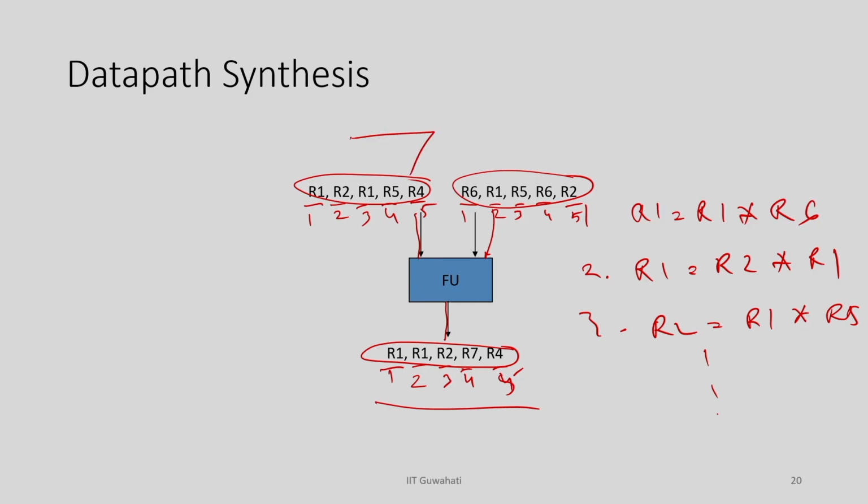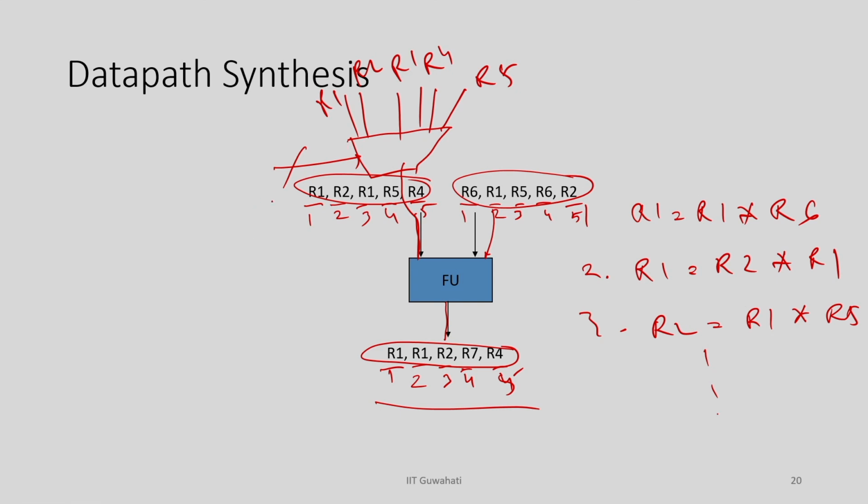You just need a mux here, and you have to put R1, R2, R1, R4 and R5. You need a mux for that and this will come here, and you need a controller which will control this.